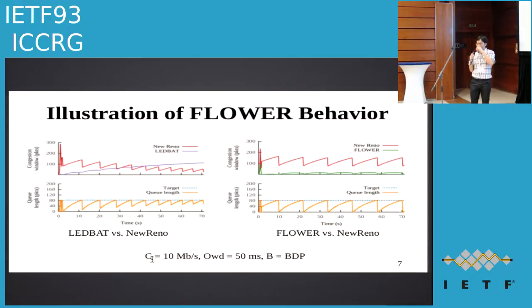I also want to point out that this is only a snapshot of our results. Using simulation, we tested Flower over a wide range of network conditions, and the results show that our protocol Flower behaves correctly as an LBE protocol in all test cases, and even in the case where LEDBAT fails.